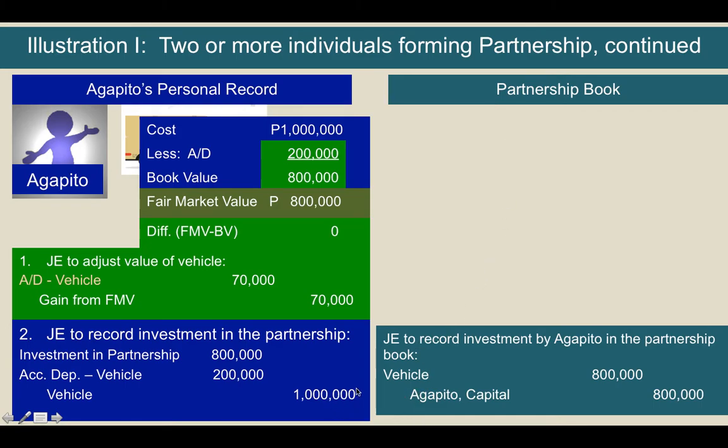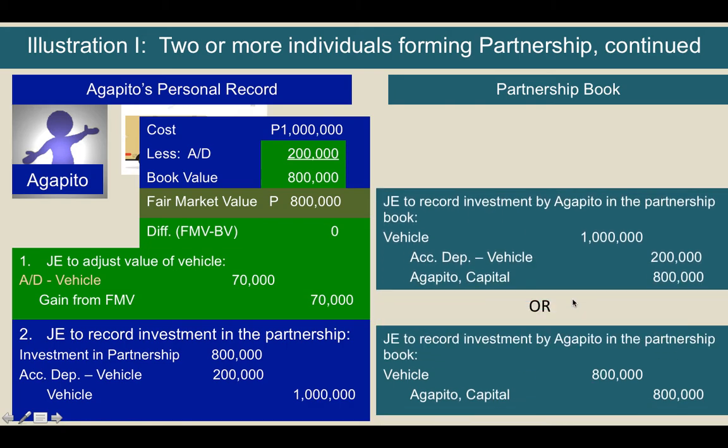The partnership will receive the vehicle from Agapito, so it will be recorded at its fair market value, and then credit Agapito, capital. So Agapito will now have a capital of 800,000 in the partnership. By the way, the accountant has an option to record it like this.